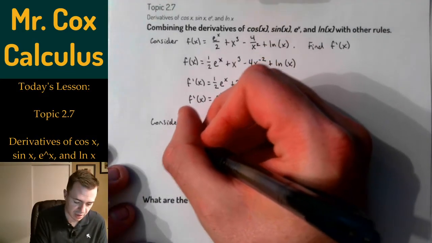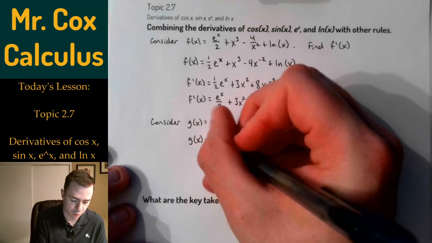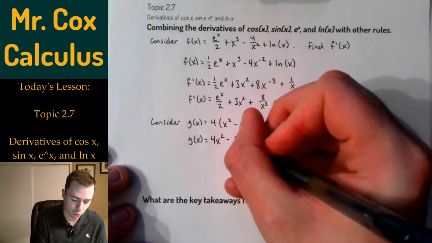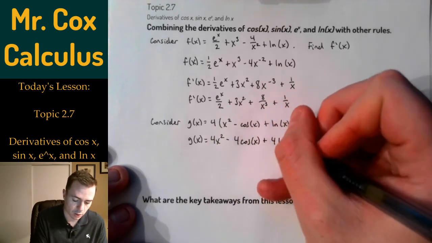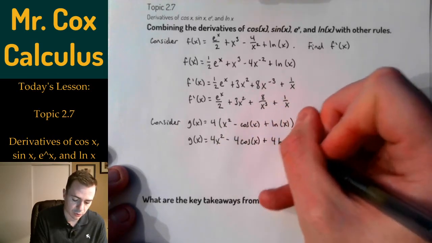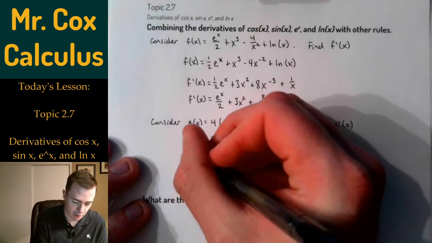So let's distribute that 4 and get g of x equals 4x squared minus 4 times the cosine of x plus 4 times the natural log of x. Now I can take its derivative pretty quickly.